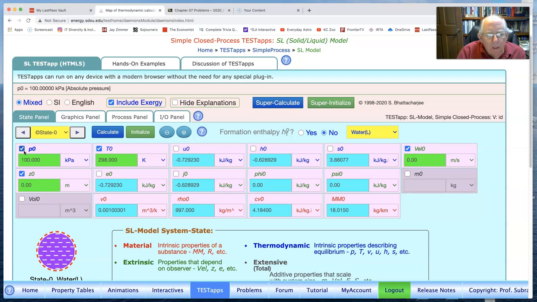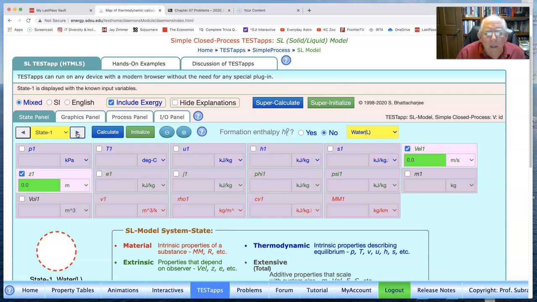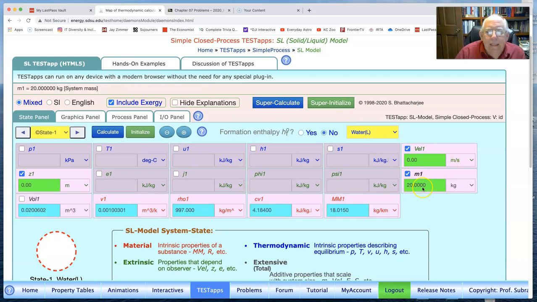And so we've determined the dead state, and now when we go to state 1, what we know about state 1 is that we have 20 kilograms of water.